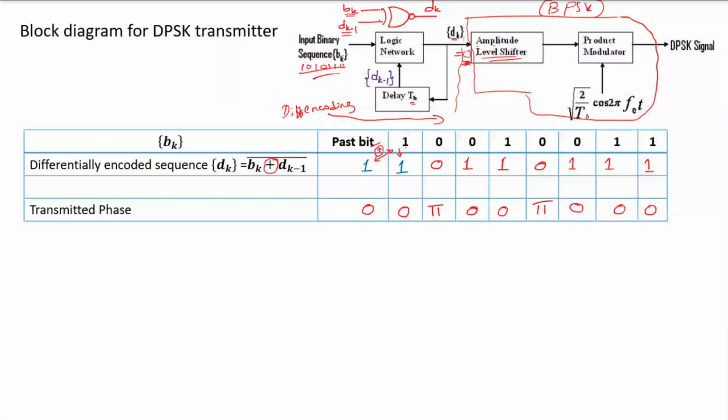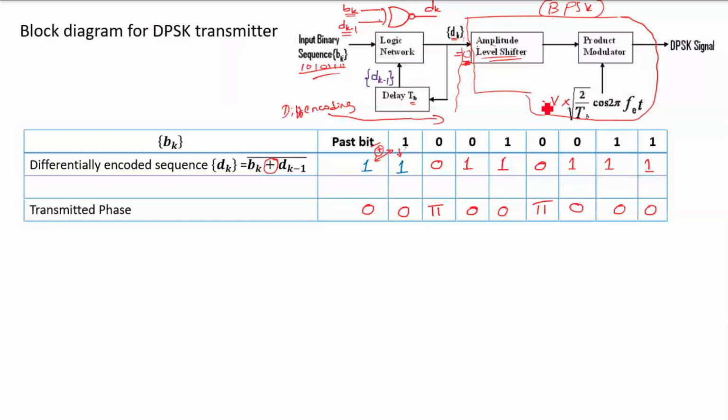Yes, sir. But where are we getting pi? Is it due to the phase change? See here, already I get 0 here, and if I pass this 0 through a level shifter and consider NRZ polar format, what will I get? A negative amplitude, some negative voltage multiplied by this.